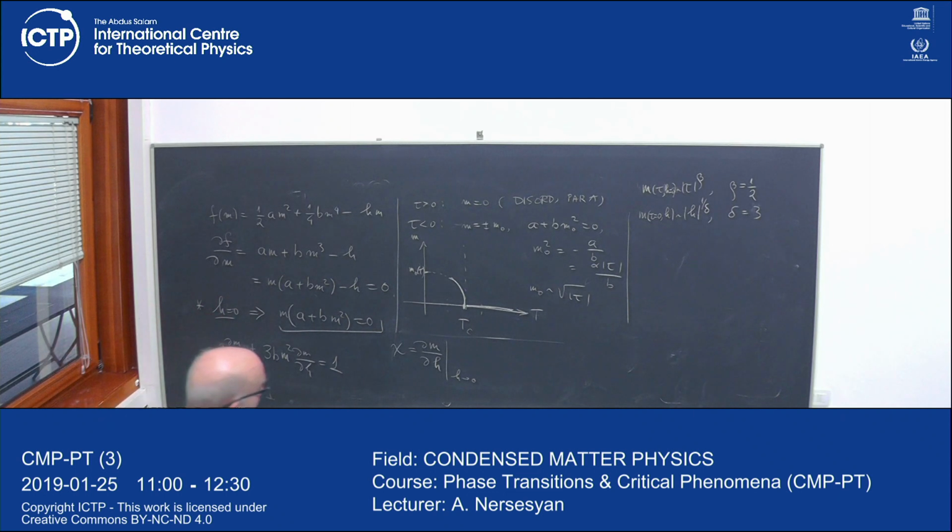I have differentiated this equation with respect to external magnetic field. So what I have is the susceptibility, dm/dh is the susceptibility. Here I have A plus 3 B m squared, times the susceptibility, is equal to 1.